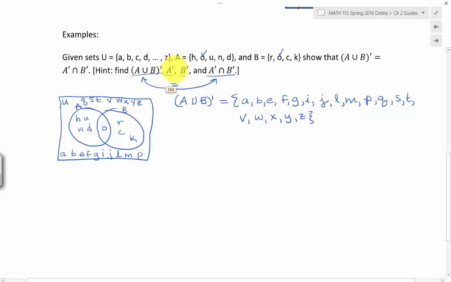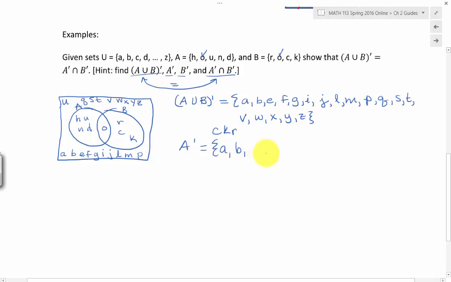The next set we're asked to find was A complement. Remember, A complement is looking at the A ball and identifying all the letters that are outside of the A ball. So it's going to be all these letters written on the outside plus R, C, and K. So A complement is going to be A, B. I'm just going to write the C, K, R right above just so I don't forget to put them in. And I'm looking at the A union B complement because that was listing all the letters that were not in the A ball or the B ball.